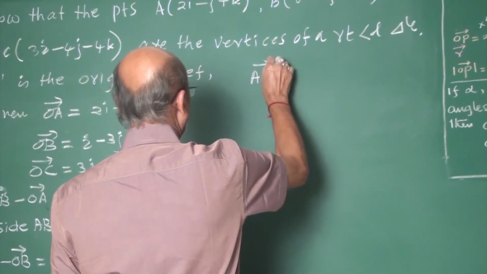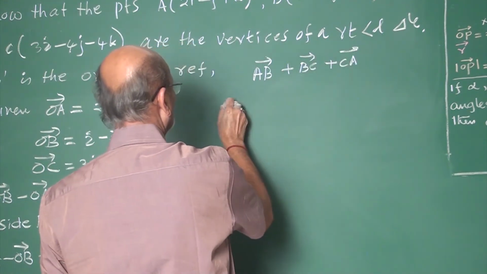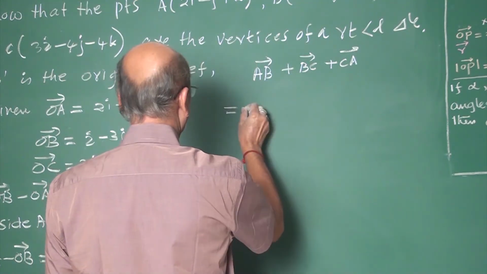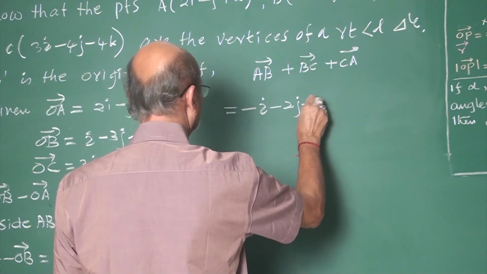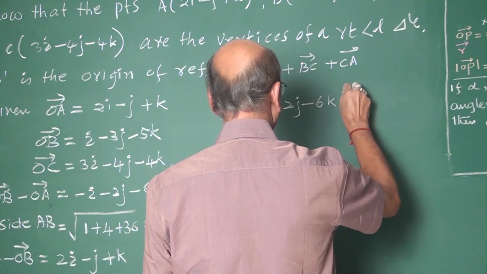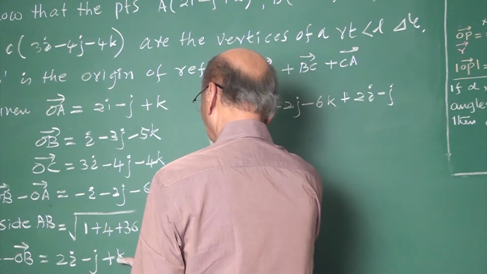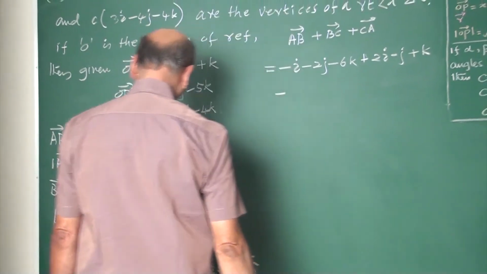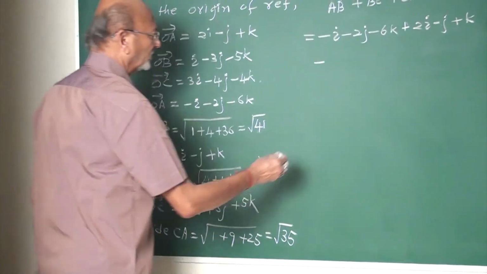First, we have to show that the vectors' sum is 0. Vector AB plus vector BC plus vector CA equals: AB is minus i minus 2j minus 6k, plus BC is 2i minus j plus k, plus CA is minus i plus 3j plus 5k.